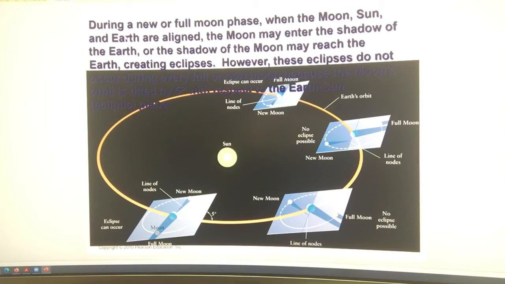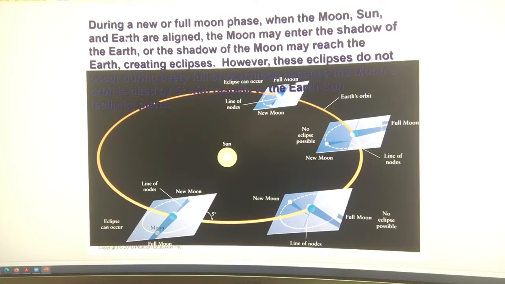However, before we talk about eclipses, I want to point out that these eclipses do not occur during every full moon phase. In other words, every month we have a full moon phase and a new moon phase, but we do not see solar eclipses or lunar eclipses every month.